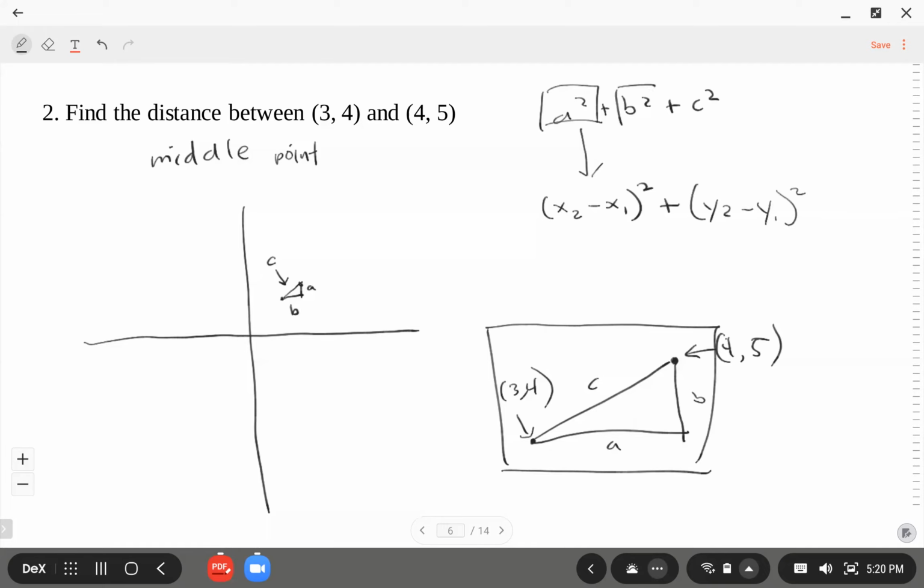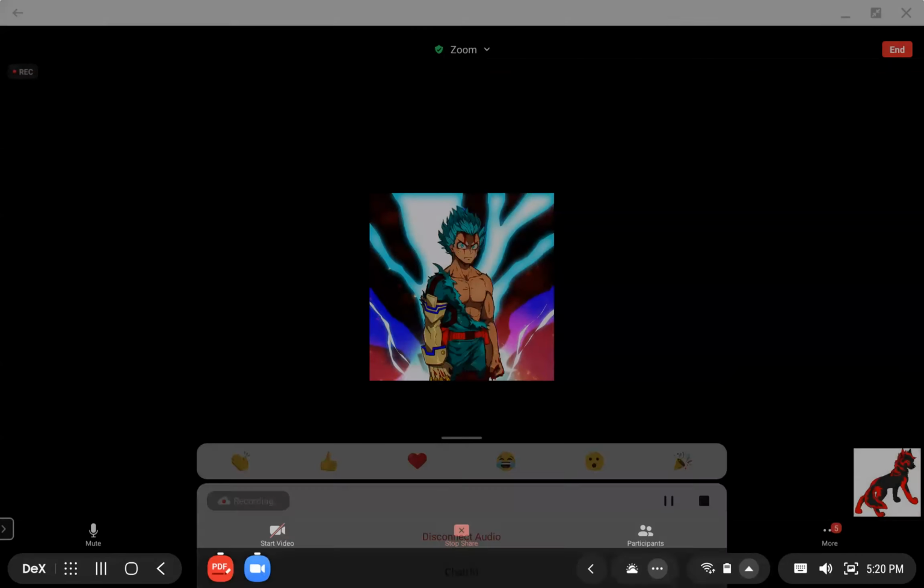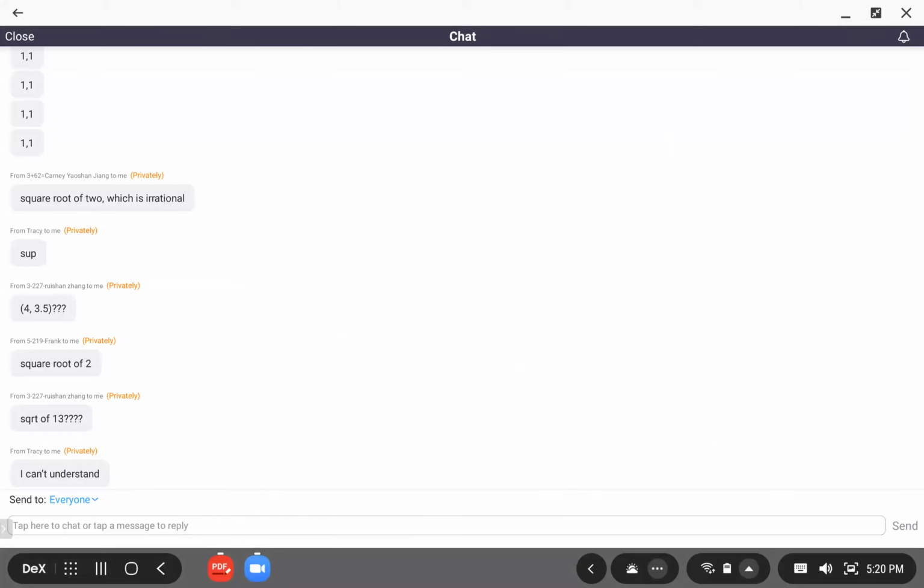So this entire thing would be b squared. And then, remember, this would equal c squared. But we don't want c squared, we want c. So what do we do? We take the whole square root of the thing. So this will be our formula. Does everybody understand so far? Okay? Does everybody understand?